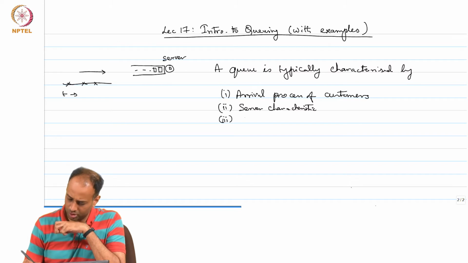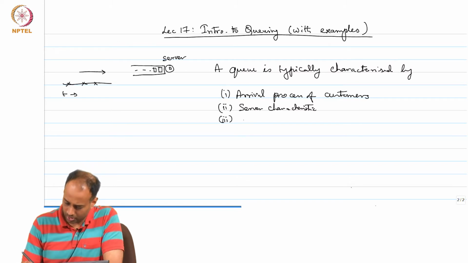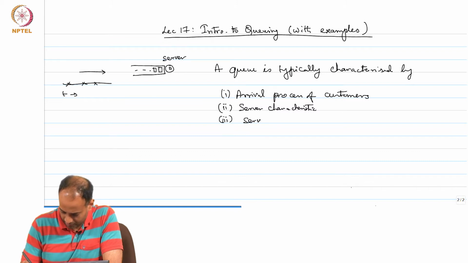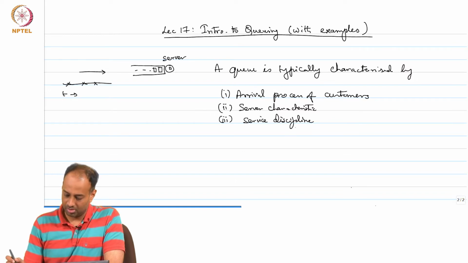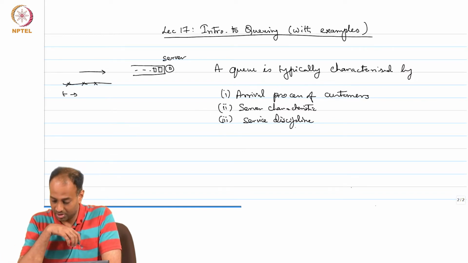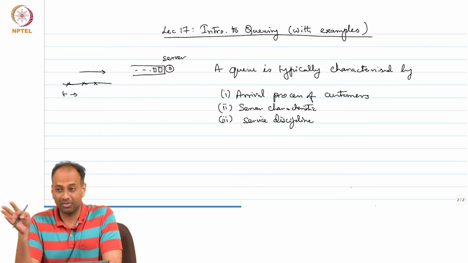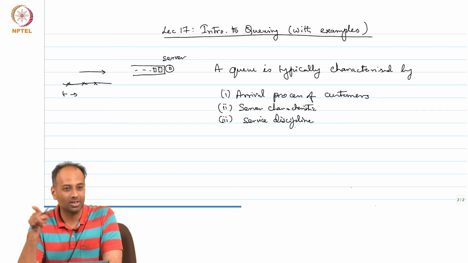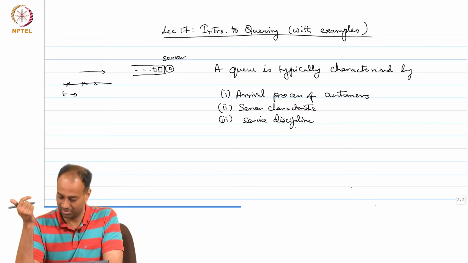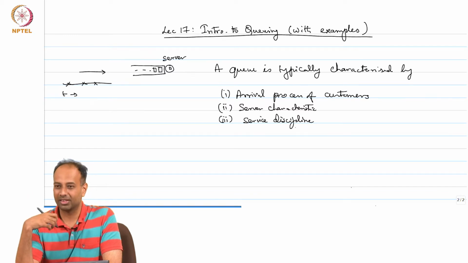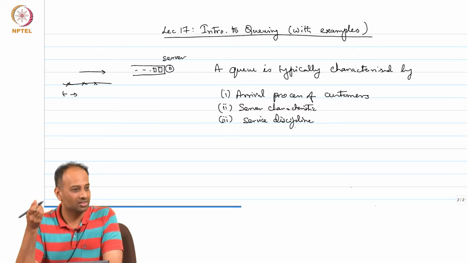Of course, there could also be a serving discipline, service discipline. So, in some situations the logical way to serve in a queue like this is to serve the person who comes first, first come first serve, but not all systems work like this.